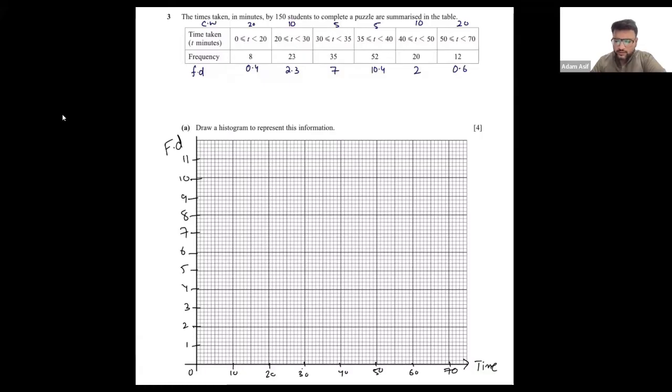Okay. Now, for the first interval, the 0 to 20 interval, the height is 0.4. So 0.4 is going to be over here. For 10 to 20, the height is 2.3.